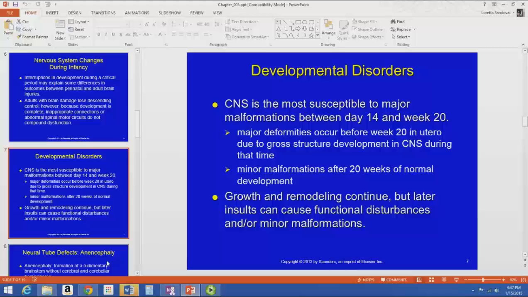So the growth and remodeling continue after week 20, but they cause more functional disturbances or just minor malformations, things that you can actually live with and develop. So we're going to talk about some specific developmental disorders.